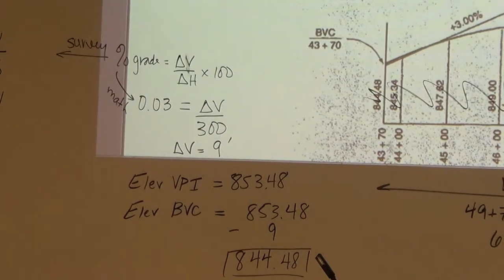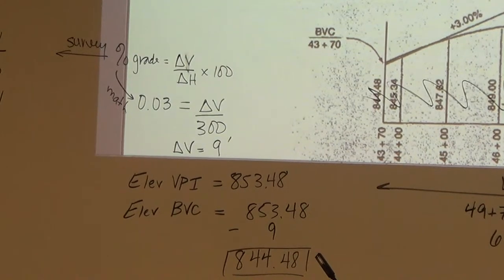So what about this? What's the elevation of the EVC? I'm going to do it graphically now, I'm just going to show the picture. So the change in H is another 300 feet, and I know this is negative 2.4%, right? So percent grade is equal to change in V over change in H times 100.